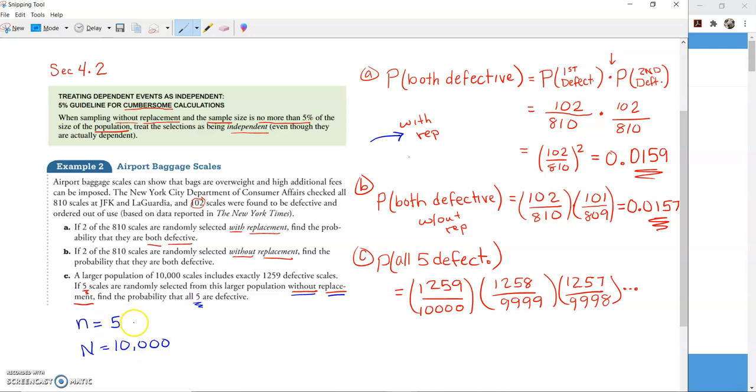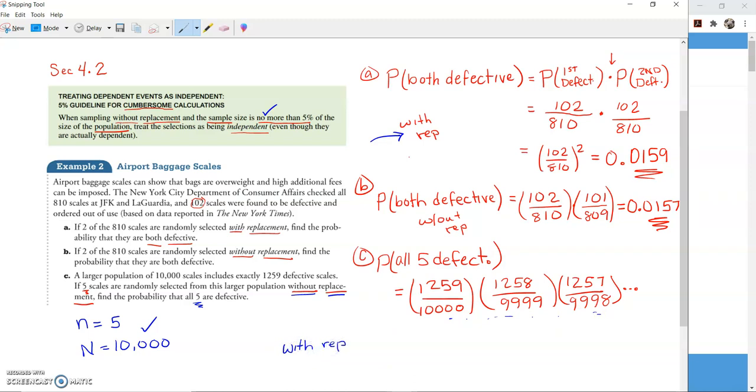What we're looking for is a small sample relative to a very large population. So it meets this requirement, and because it does, we're allowed to shortcut. Instead of doing all of this, we're just going to do it with replacement.